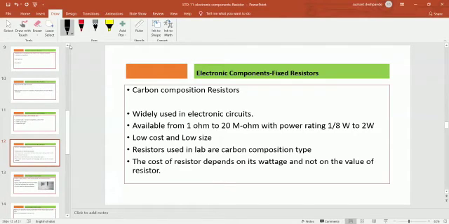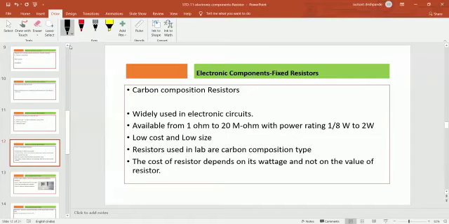Carbon composition resistors are widely used in electronic circuits. They are available from 1 ohm to 20 mega ohm with power rating 1/8 watt to 2 watt. They are low cost and low size.